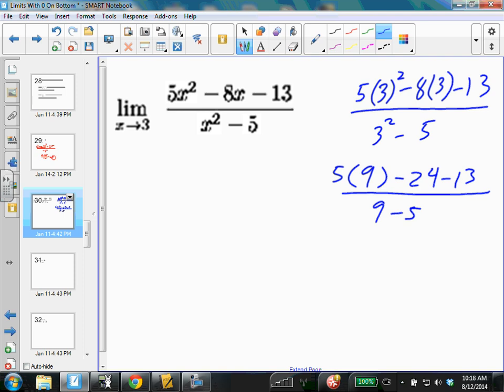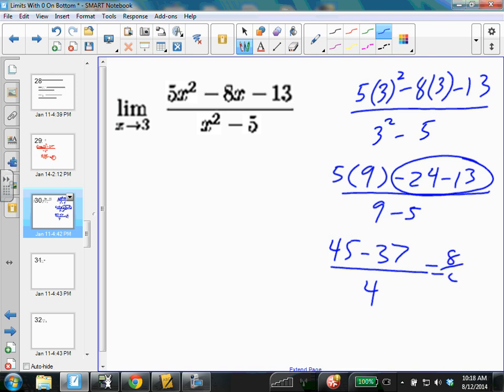Okay, we're just going to keep working this thing. 9 gives us 45 minus, and I'm going to go ahead and combine these since they're both negatives, and so this will give us negative 37. And then 9 minus 5 is 4. So, yeah, 45 minus is 8 over 4.